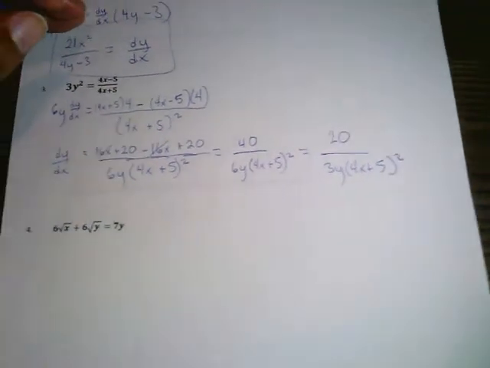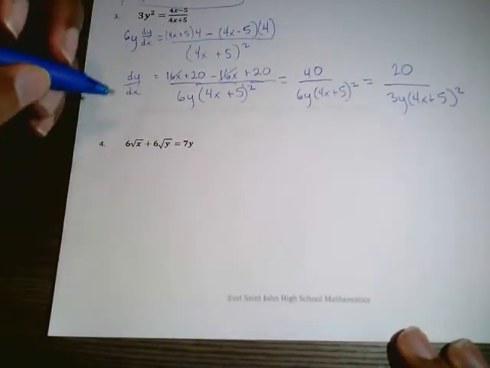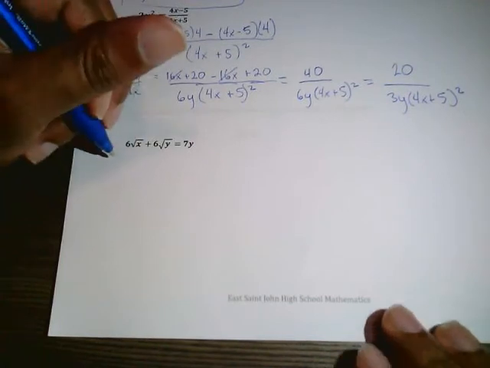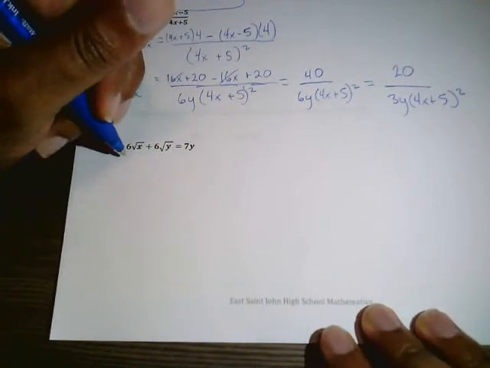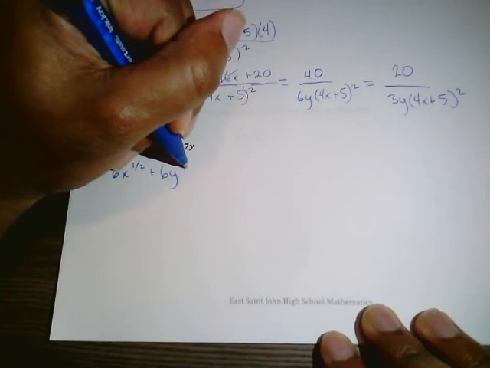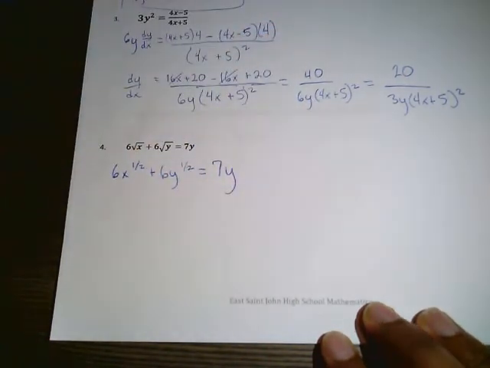Moving on to number 4. So now we have radical expressions, so we'll go ahead and write those as rational expressions. So I'll change that to 6x to the 1/2 plus 6y to the 1/2 equals 7y.